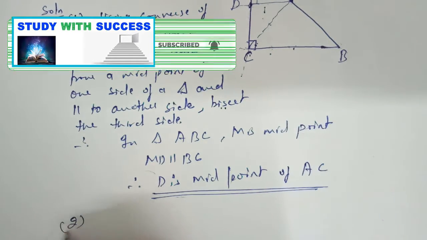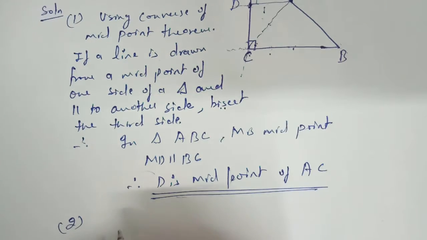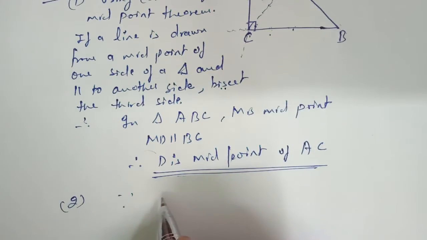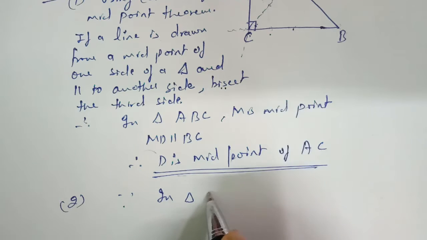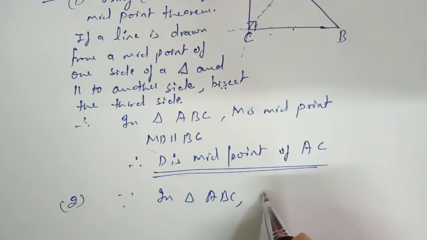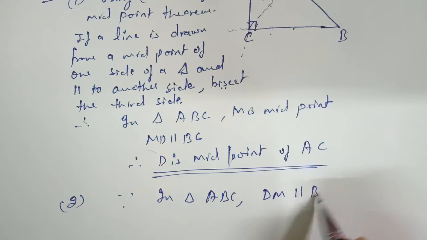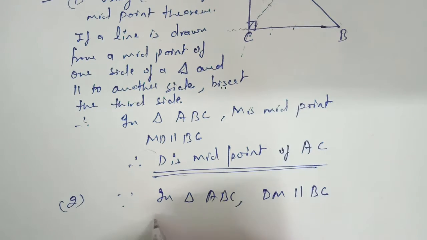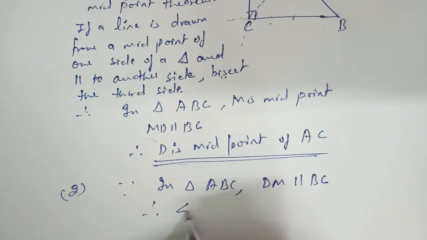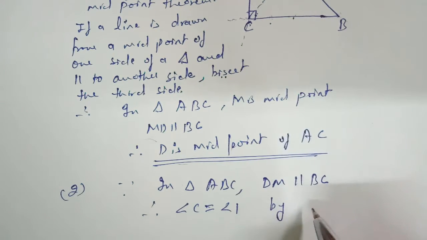Now come to the second part. Since in triangle ABC, DM is parallel to BC, therefore angle C is equal to angle 1. We are going to write by which property?